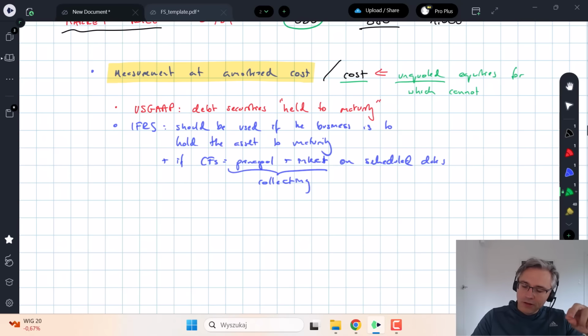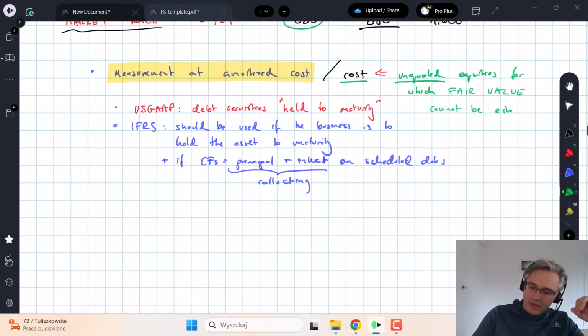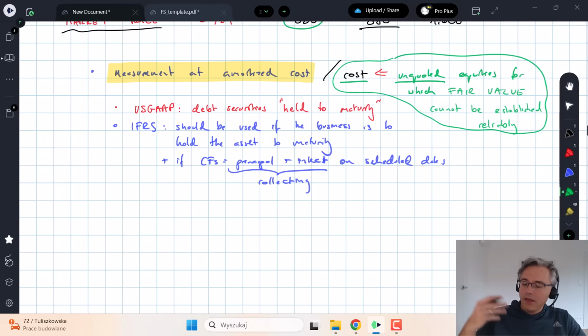So this is for unquoted equities for which fair value cannot be established reliably. Now, your book here makes a lot of shortcuts, right? In reality, there are many limitations on the application of this, but this is generally the gist of it, or the idea.